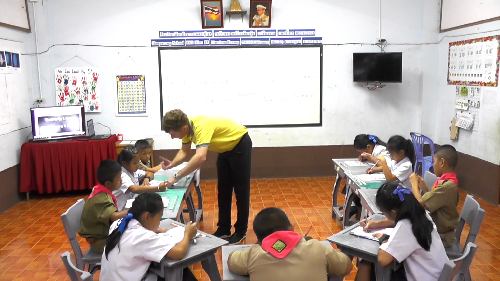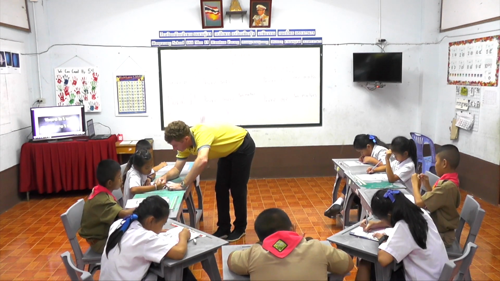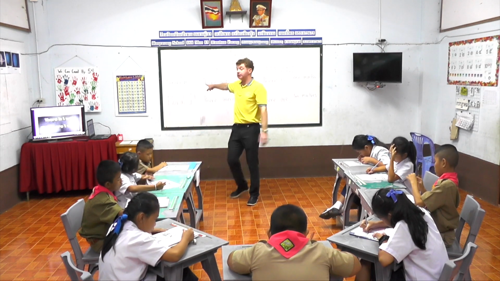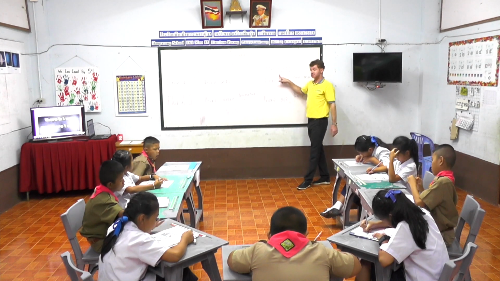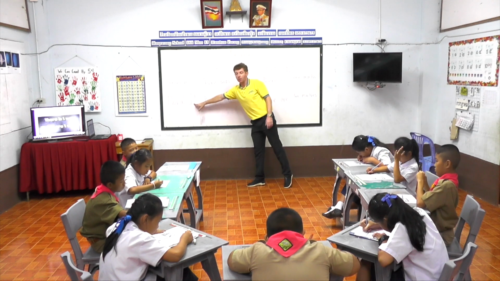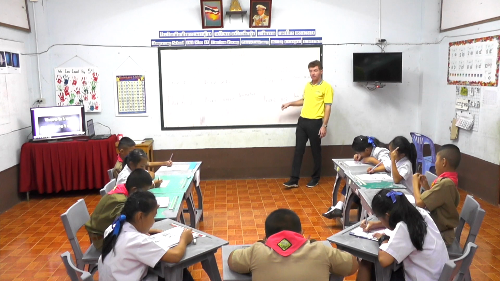There is, you see, only one. There is a big spider. There is. So remember, Pakboom, singular, only one. Present tense, there is. But plural, more than one. Present tense, there are.